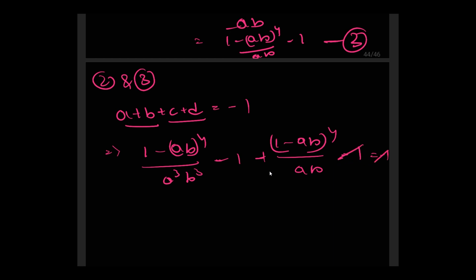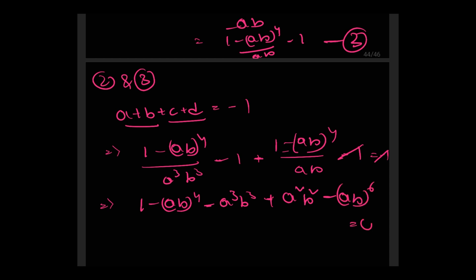Take out, the minus 1 and 1 cancel, and now we will get 1 minus ab whole power 4 times a cube b cube plus a square b square minus ab whole power 6 equals 0.